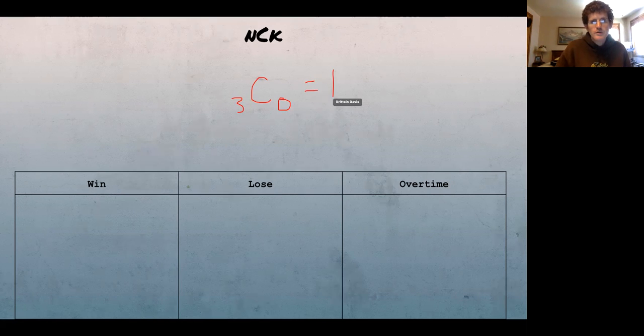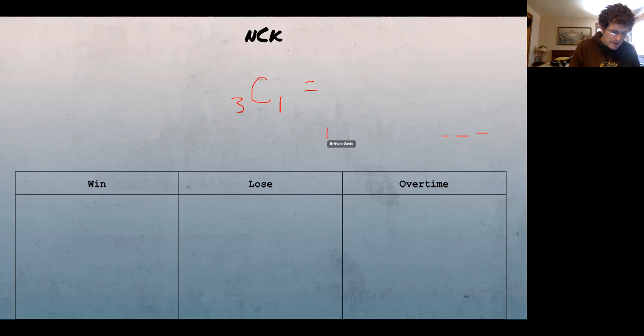If I shoot a free throw 3 times and I miss all of them, then there's only one way that happens. I miss, and then I miss, and then I miss. That would be represented by minus, minus, minus. If I did 3 choose 1, then that's where I could make the first one, miss the second 2, and then so on like this.